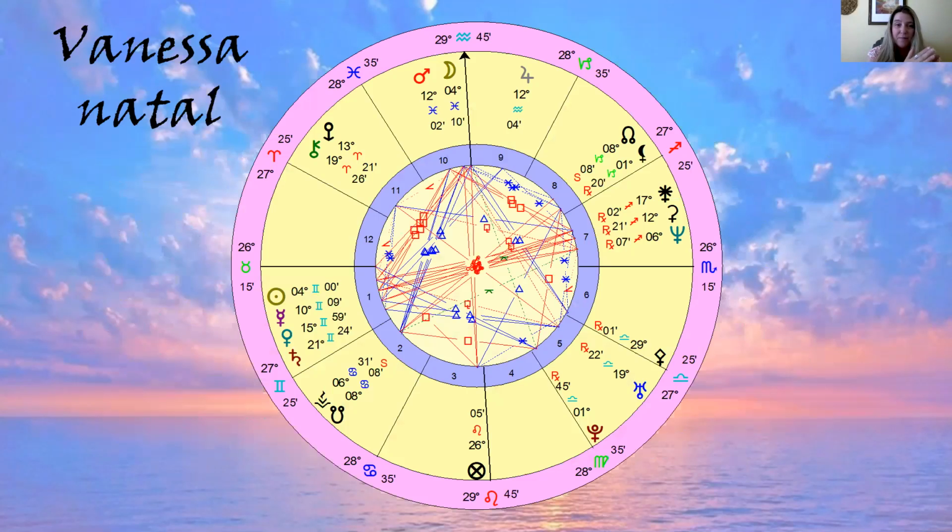So we're going to look at 2017 and then learn from Vanessa what happened in that year. And then we're going to look at the solar return chart for 2018, and then we can discuss that openly as a group, to share what we think we see in the chart, based on these rules of delineating.